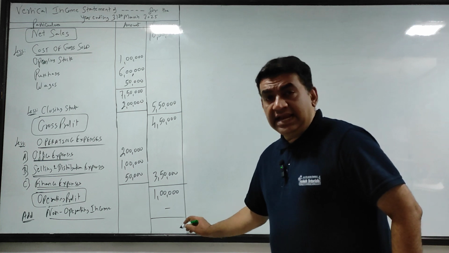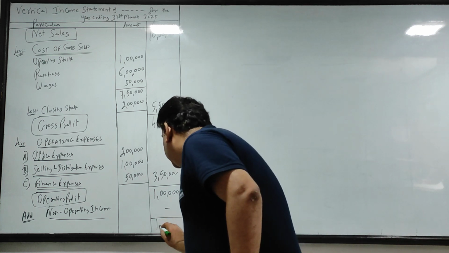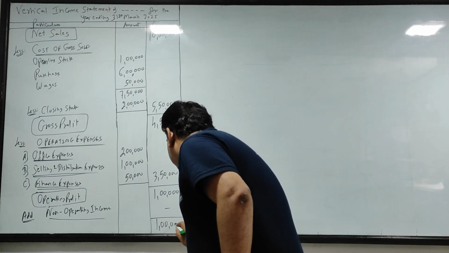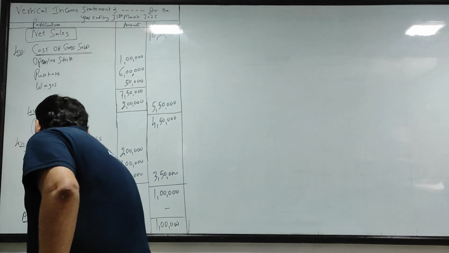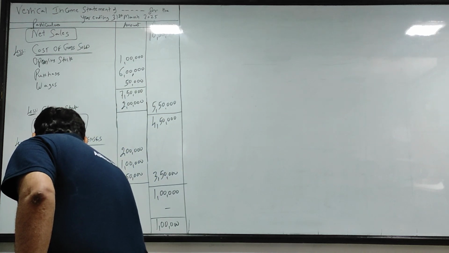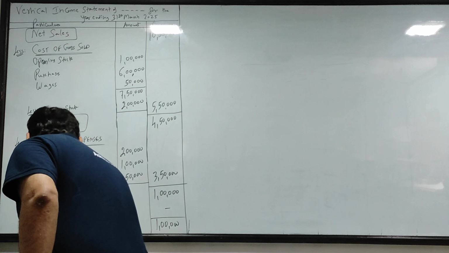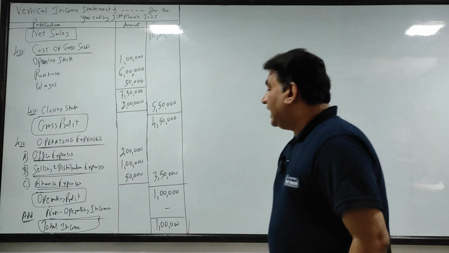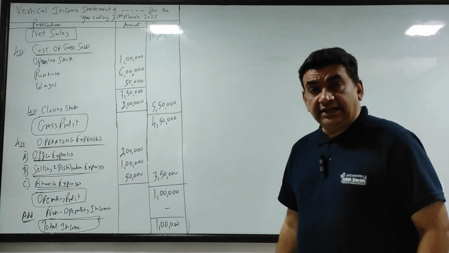So I am writing nil. 1 lakh plus 0 gives you 1 lakh, and this 1 lakh becomes my total income.